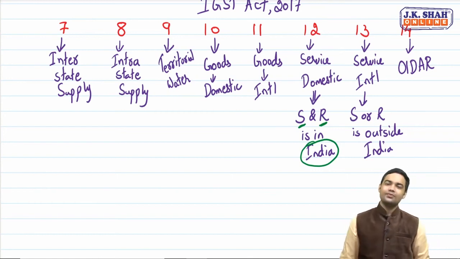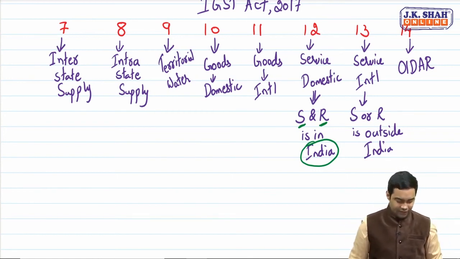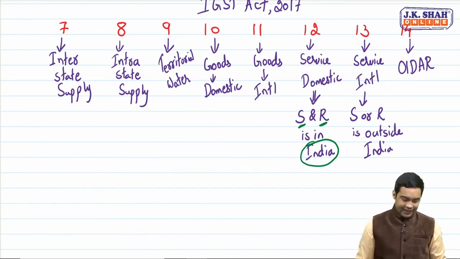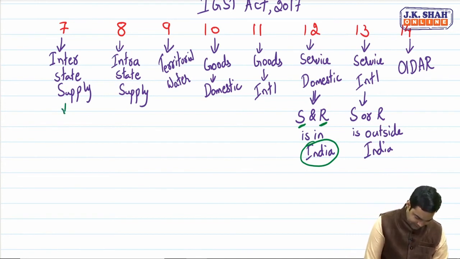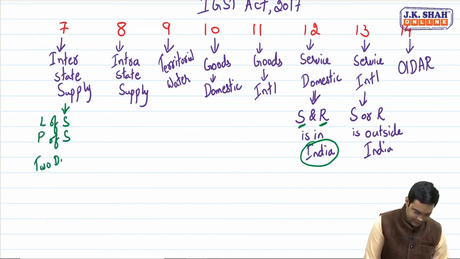Now, let's try to understand the meaning of interstate supply and intrastate supply. Interstate supply, it says when the location of supplier and place of supply is in two different states.